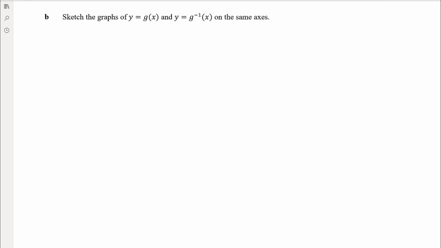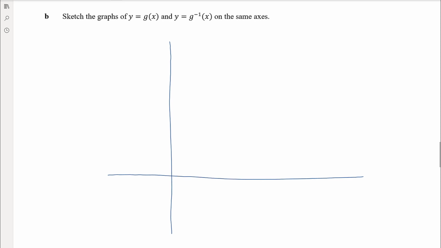Okay, so let's get some axes happening. We want to go up to 7 on the y-axis and up to 7 on the x-axis. So 1, 2, 3, 4, 5, 6, 7. Again, you want to keep things nice and square. 2, 3, 4, 5, 6, 7.